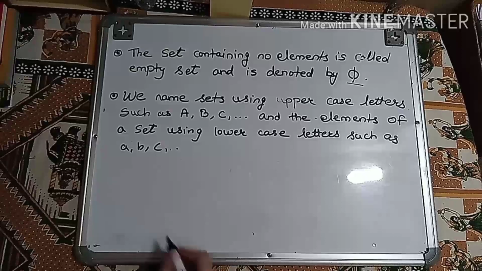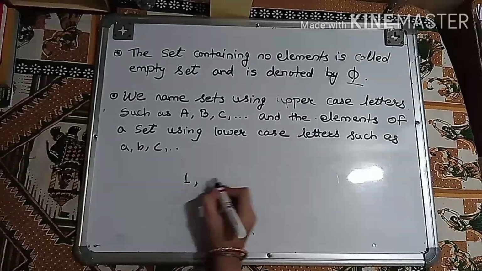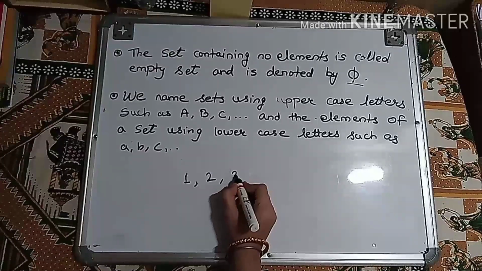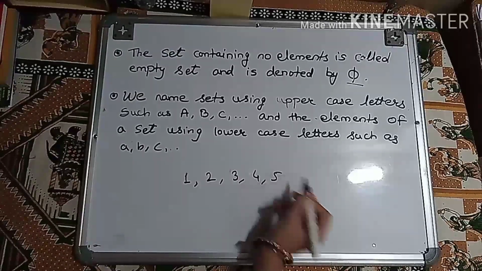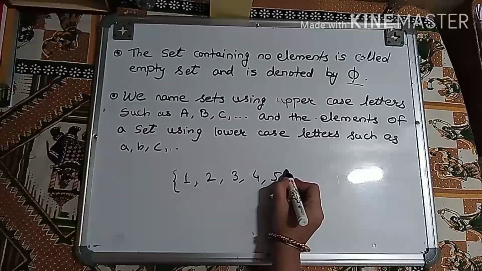Now consider one example. Take 5 objects 1, 2, 3, 4 and 5. Take these objects in curly brackets.